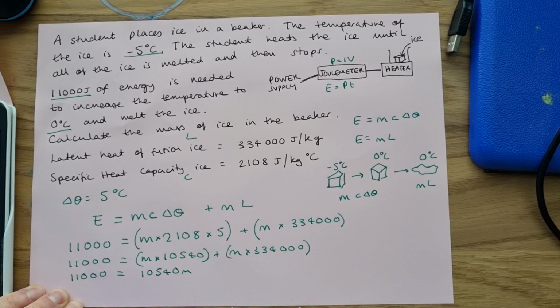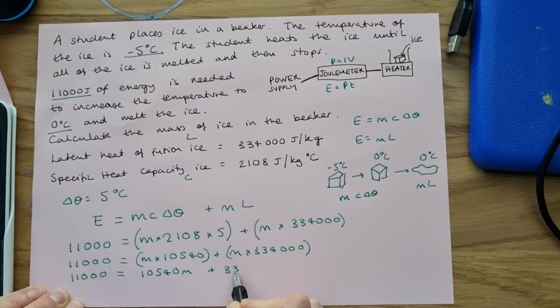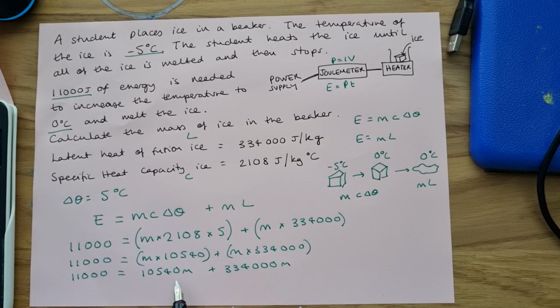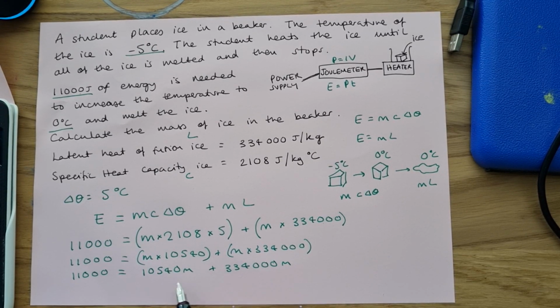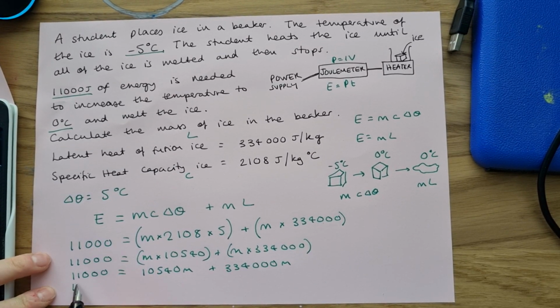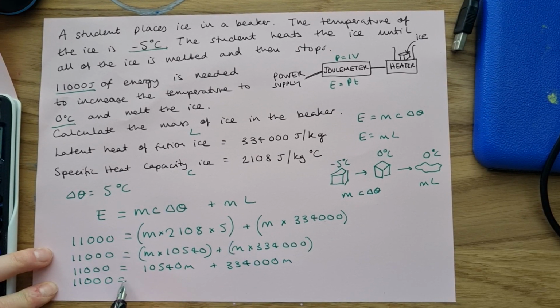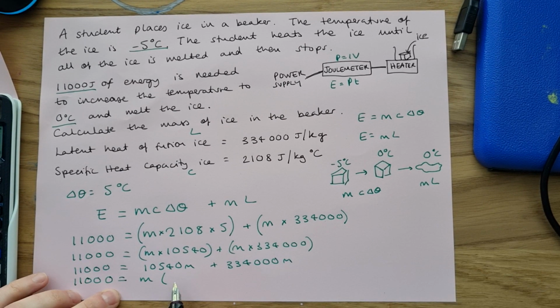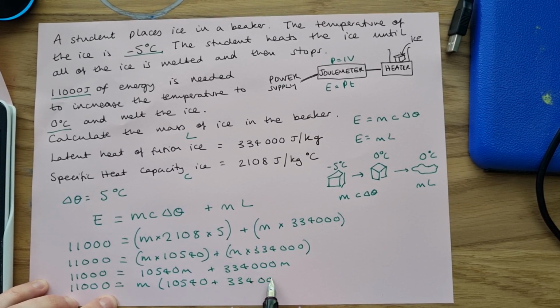If I write that like this, that's 10,540 m's plus 334,000 m's. That might help you see that what I'm going to do is add these m's together, so 11,000 is going to be equal to m, taking it out and making a little bracket for myself, 10,540 plus 334,000.